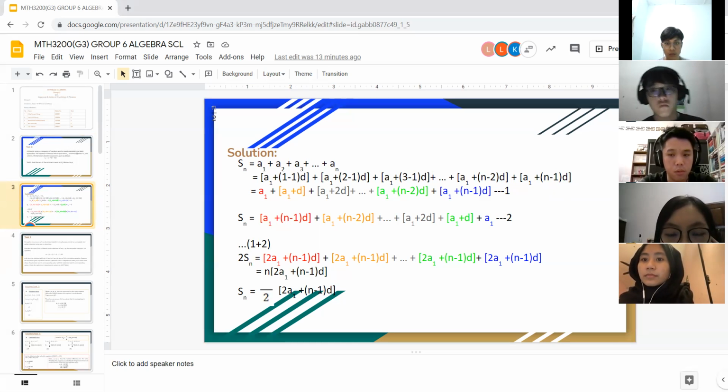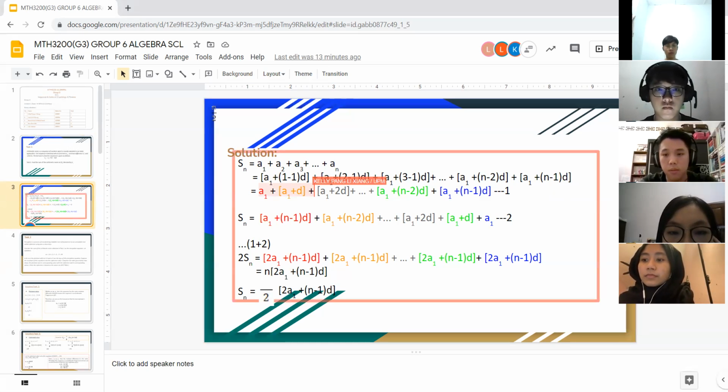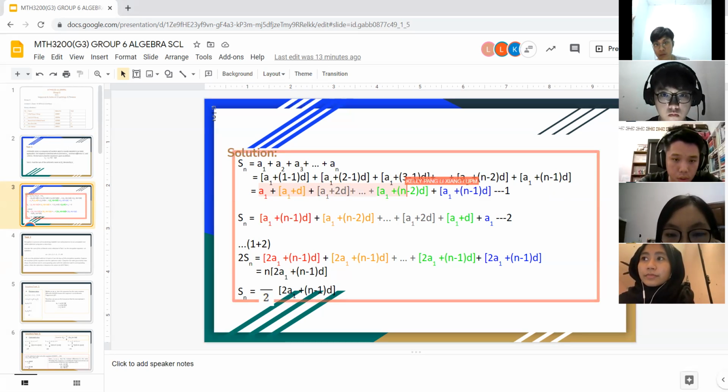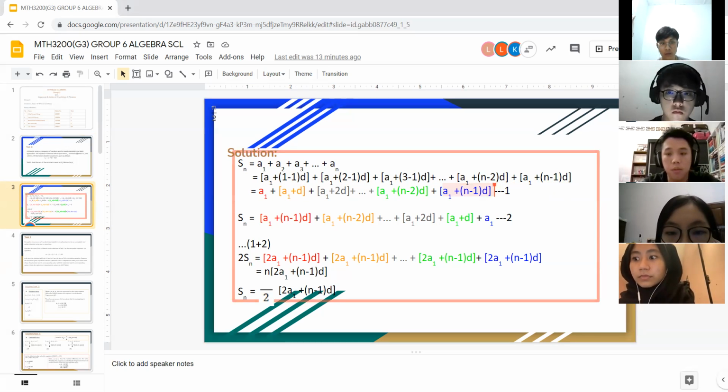Then we will get Sn equals A1 plus A1 plus D plus A1 plus 2D, and then until A1 plus bracket n minus 1 multiplied by D.